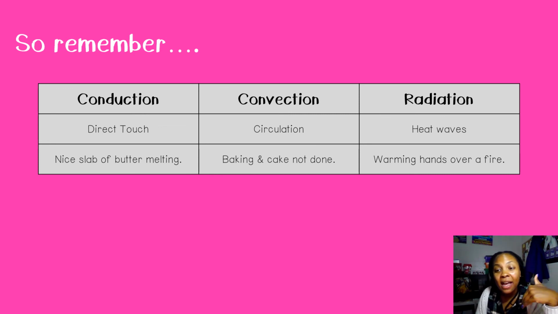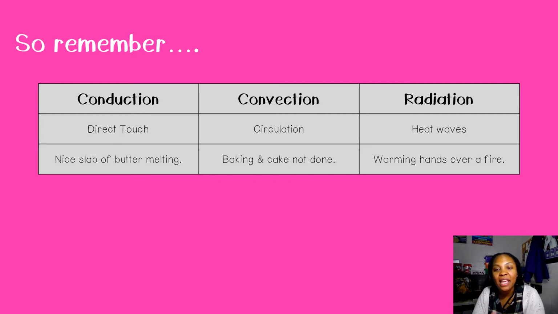From the outside looking in, my top is warm, my top is done. But when I poke my hole, go down to the bottom and take it out, it's still wet, it's still cold. That warm air is rising and causing my top to be done, but that cool air is sinking, which means my bottom is not done. So remember, convection circulates: warm air rises, cool air sinks.